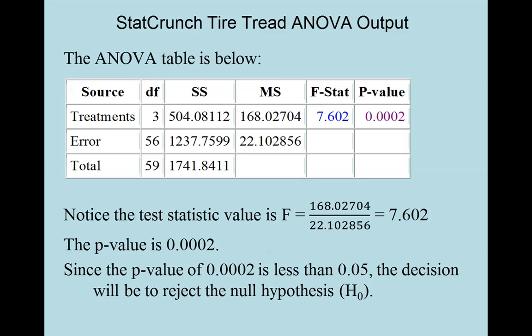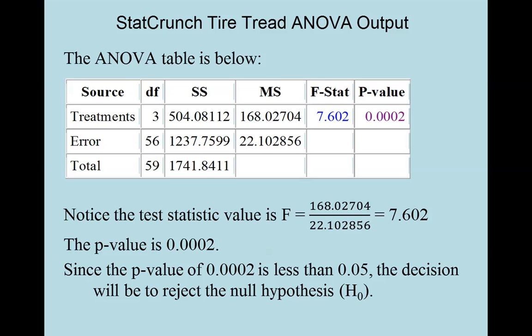Remember, that's the ratio of the mean square for treatment over mean square for error. So the 168 number divided by the 22.1 number gives you the 7.602 under F-stat. Now the p-value would be, how much area is to the right of that? Because areas to the right of the F-stat would be even more supportive of the alternative hypothesis, that there would be even more variability in the treatment, so your mean square number would be bigger.